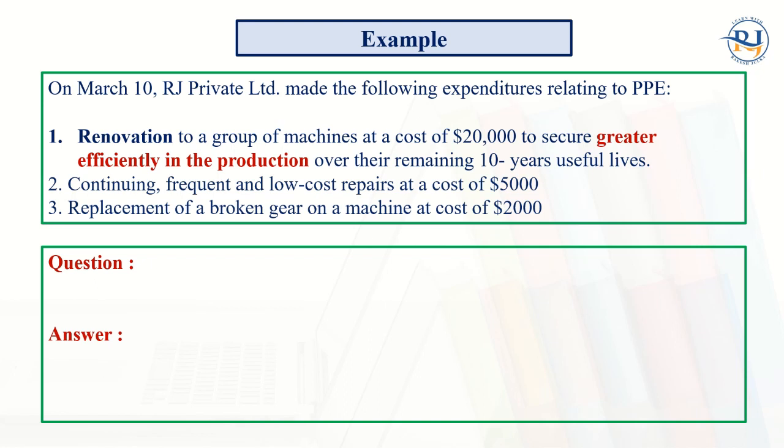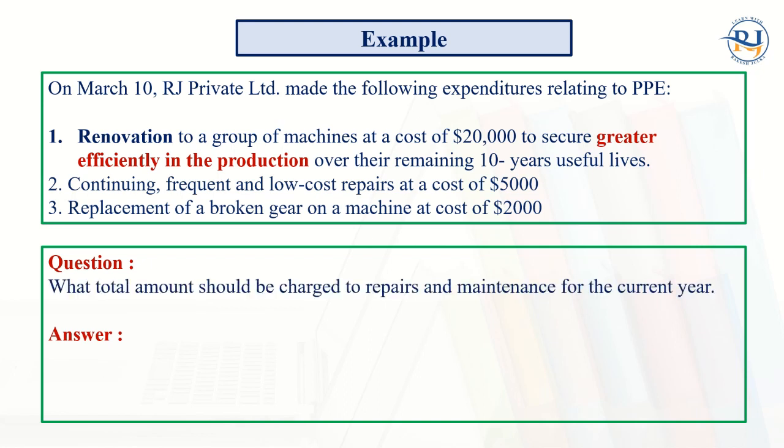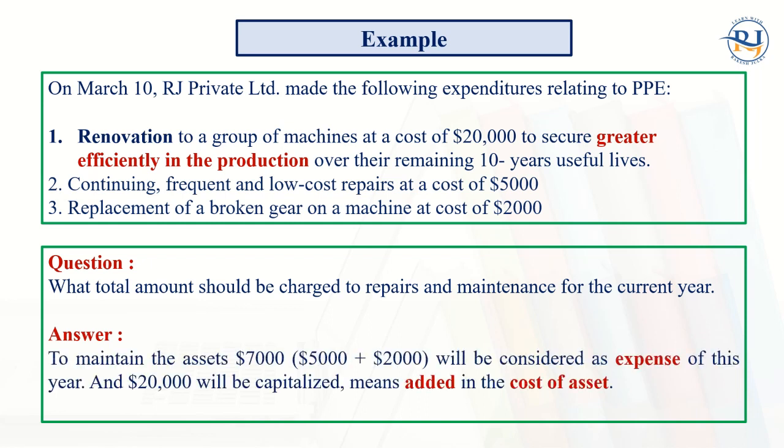Now the question arises, what total amount should be charged to repair and maintenance for the current year? So the answer is, to maintain the assets, $5,000 was the normal expenditure and repair, and 2,000 for the broken gear will be added, and the total $7,000 will be considered as expenses of this year, and 20,000 will be capitalized, meaning that will be added to the cost of the assets.